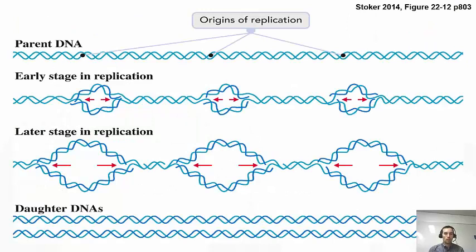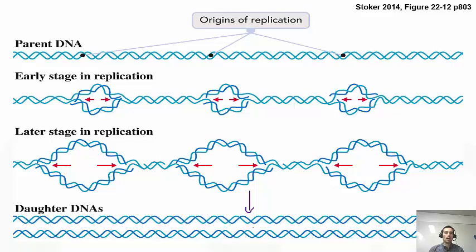We're opening the strands up in multiple locations here, so we can start replicating the DNA in multiple points, which allows us to eventually get to the situation at the end where we have those two new double-stranded DNA helices at the bottom here.